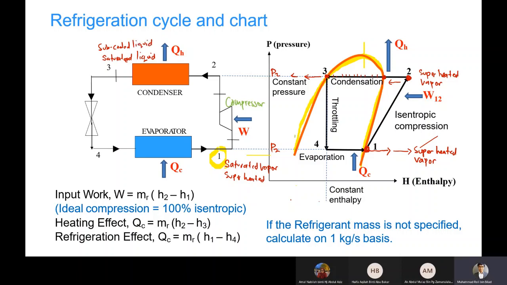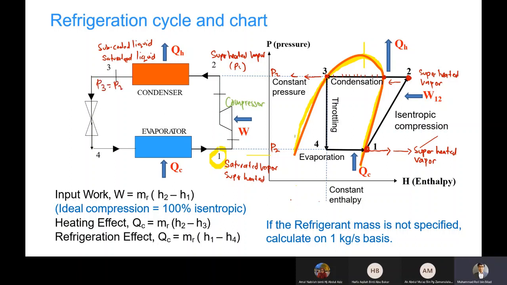That's point 3. Point 2 is superheated vapor at P2, and this is at P3, which is equal to P2.